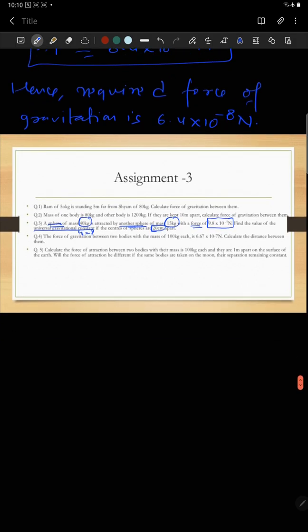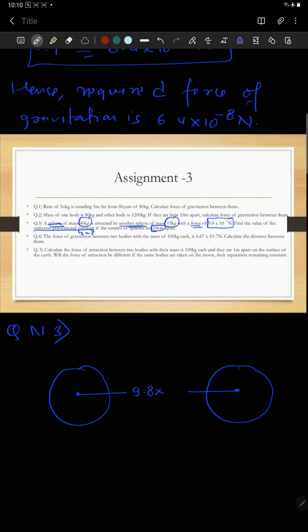So question number 3, based on this, let us draw a diagram. There are two spheres, and this is the center of the sphere. The force of gravitation between them, according to the question, is 9.8 into 10 to the power minus 7 Newton.